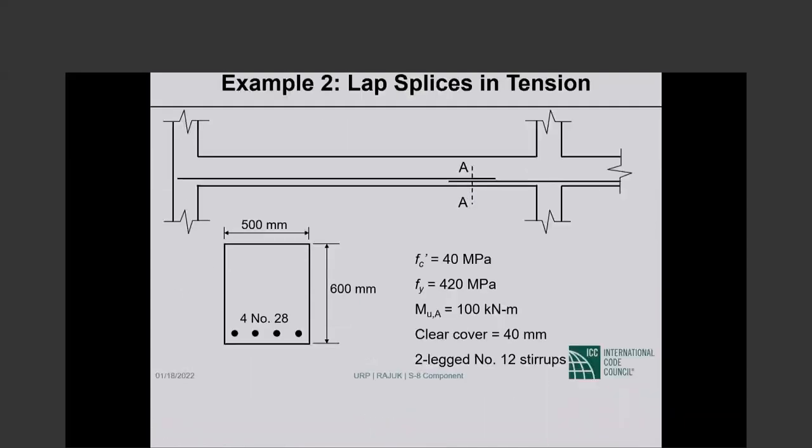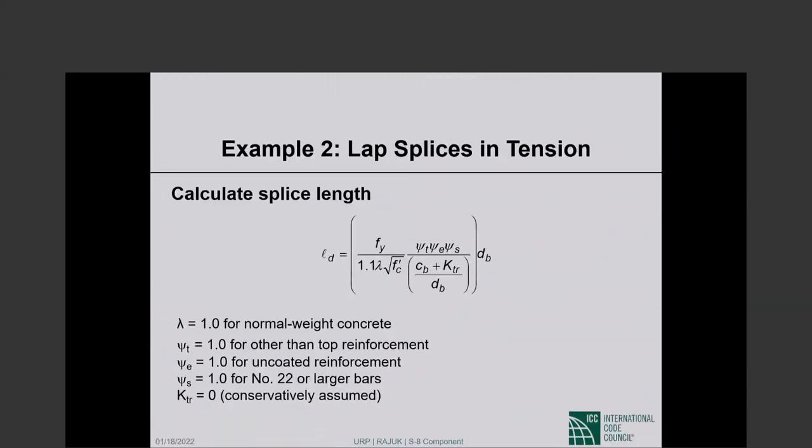All that is given in the problem statement. Now, in order to calculate splice length, you have to calculate development length. Remember, for class A splices, the lap length is the development length. For class B splices, the lap length is 1.3 times the development length.